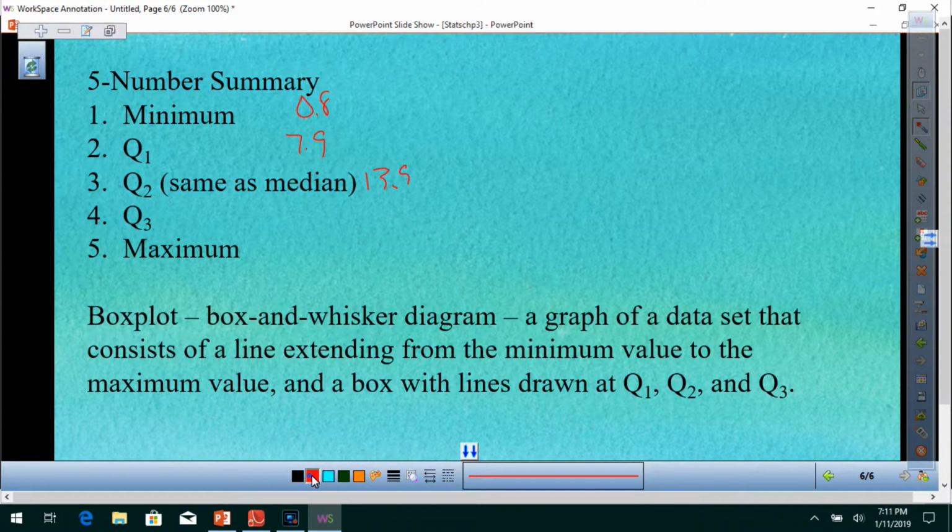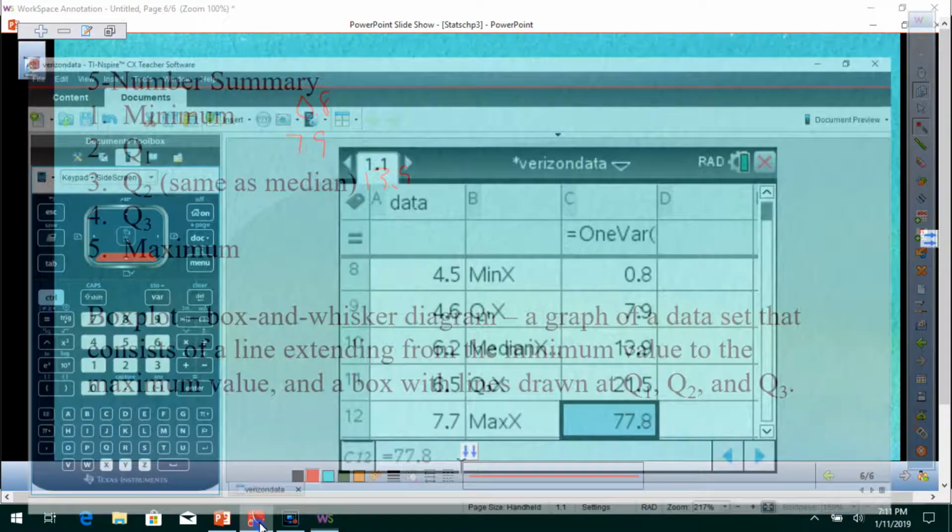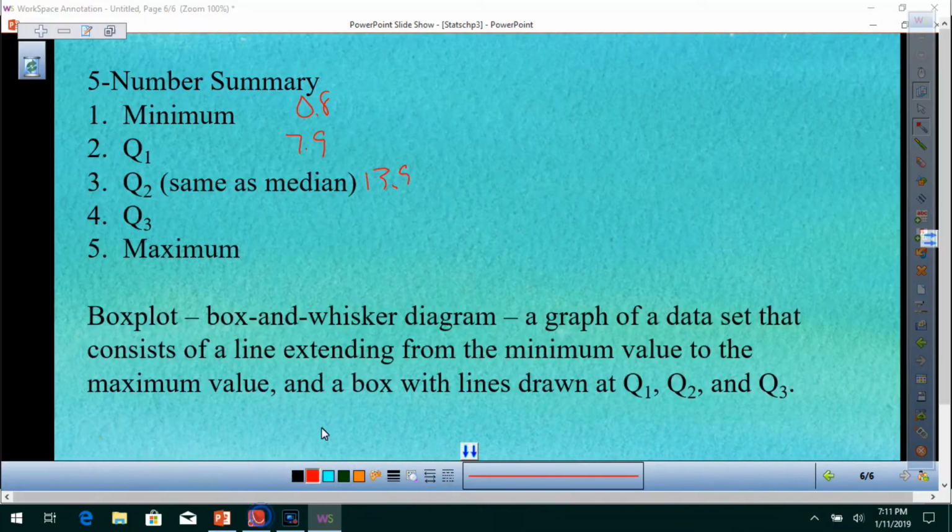Q sub 3 is 21.5. And the maximum is 77.8. Okay? And we use those to graph something called a box plot.